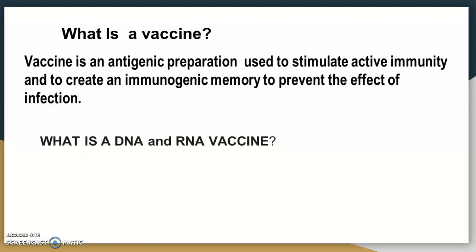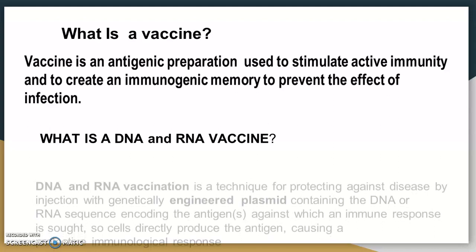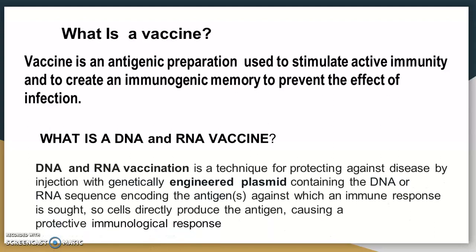Now the modern vaccines, most of the vaccines now available in the market for coronavirus, are either RNA vaccines or inactive pathogen. So we should know about what DNA and RNA vaccines are. A DNA or RNA vaccine is a technique for protecting against disease by injection with a genetically engineered plasmid containing the DNA or RNA sequence encoding the antigens against which an immune response is sought.